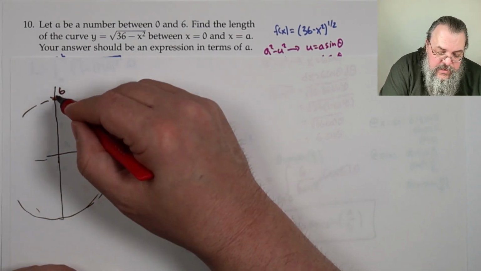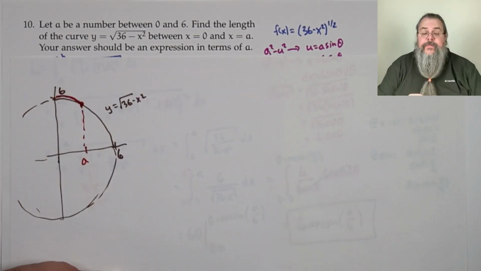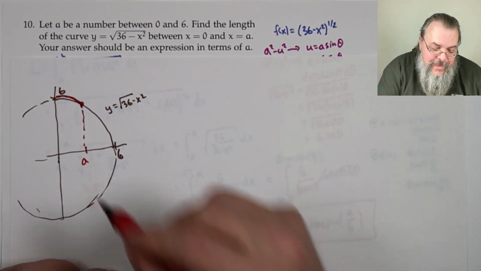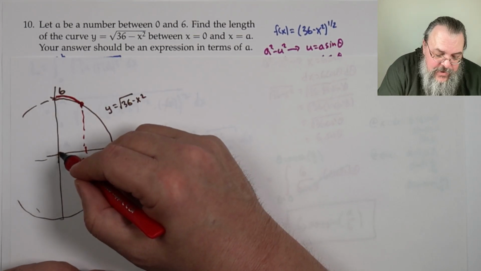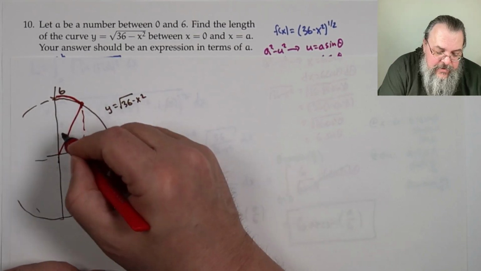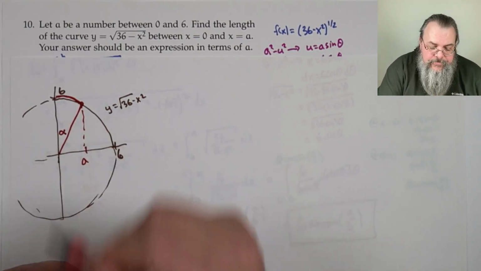So the question is, what's this length? Now here's what we can do. Let us suppose for a second we knew this angle. Let's call this angle alpha.